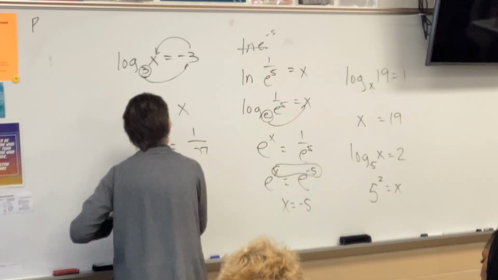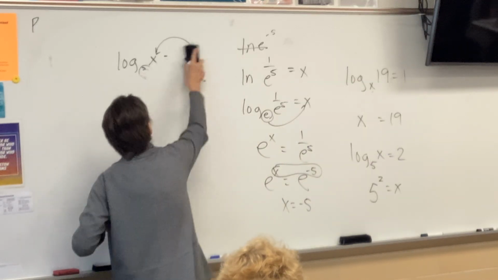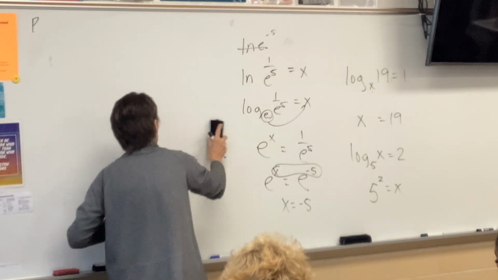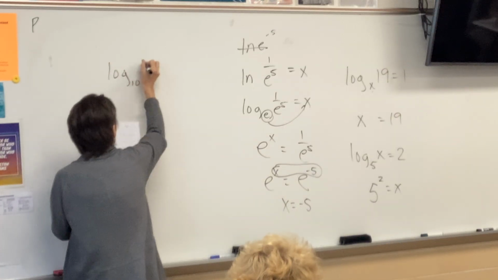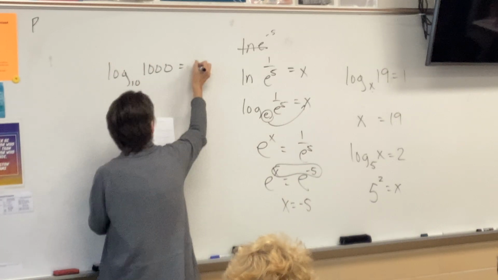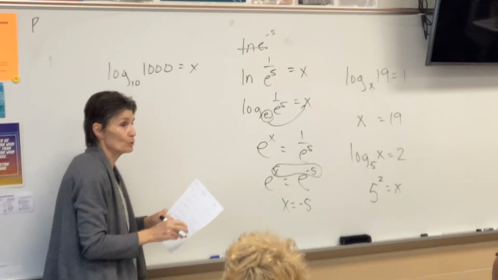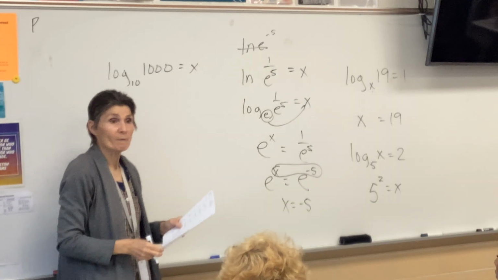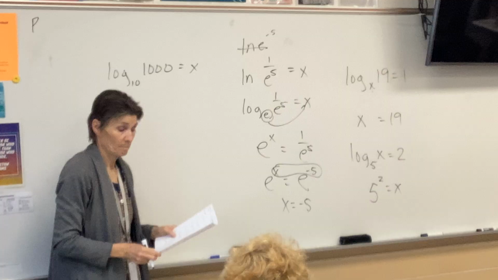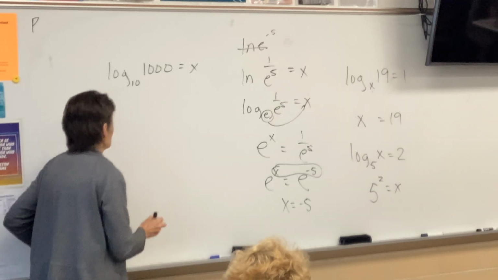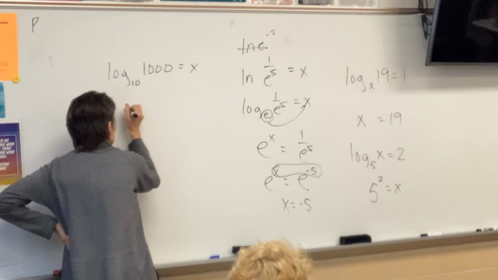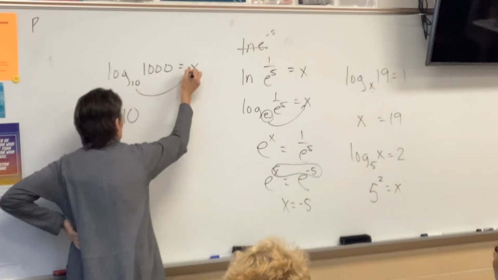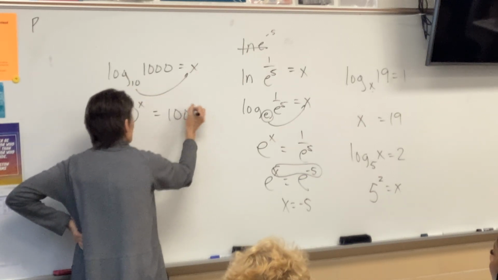What about you? We know the base is 10 because anytime it says log and there's no base, it's 10. So loop-de-loop it, what's it say? 10 to the x equals 1,000.